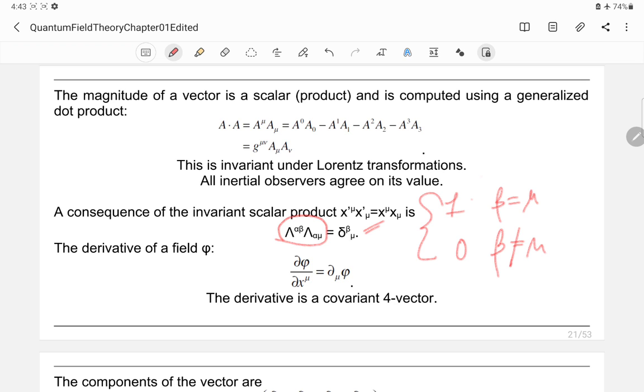So when you take the derivative of a field phi, it is written this way. As you can see, this one is just this one here.